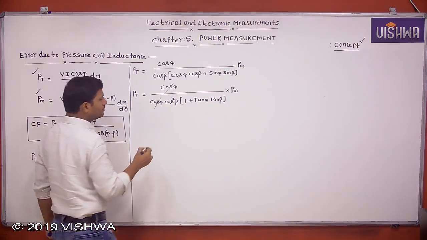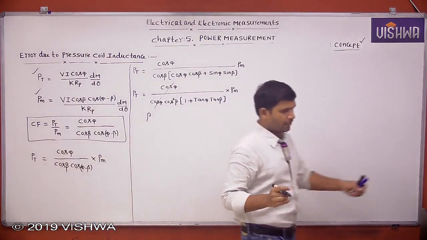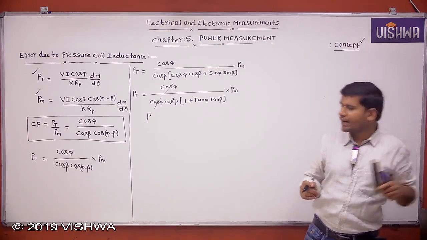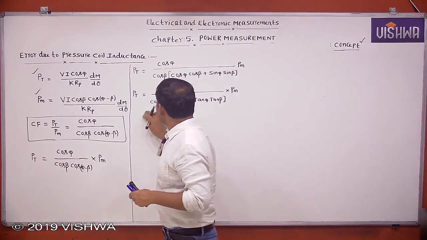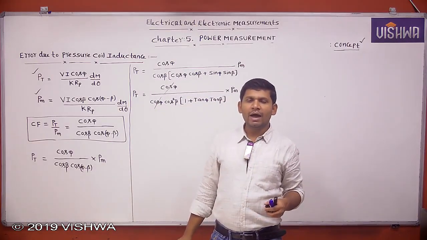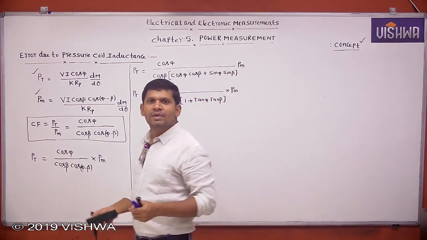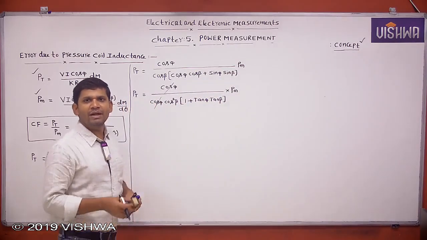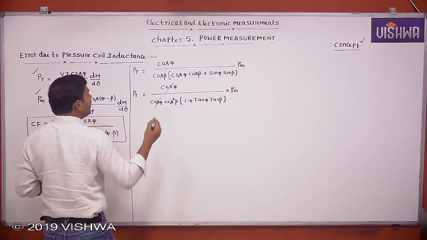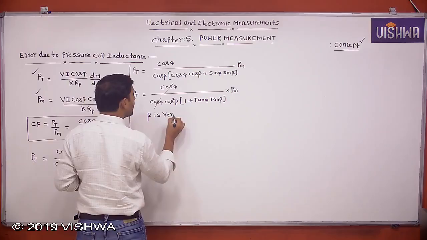We know that beta is very small because, as I told already, to measure the true power the pressure coil must be highly resistive. Highly resistive means we are designing the pressure coil with low inductance. If the inductance is less, beta is also less. Beta is very small.